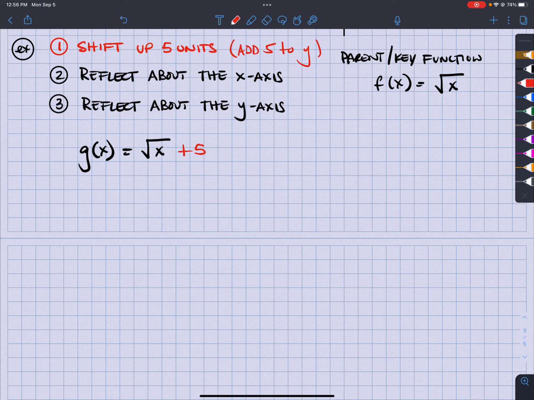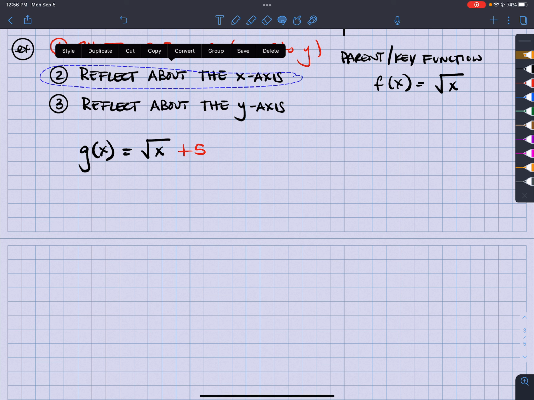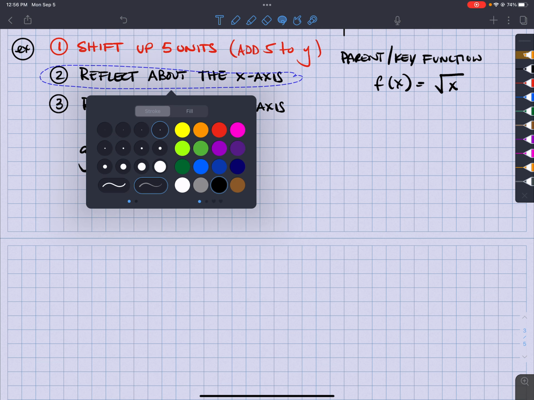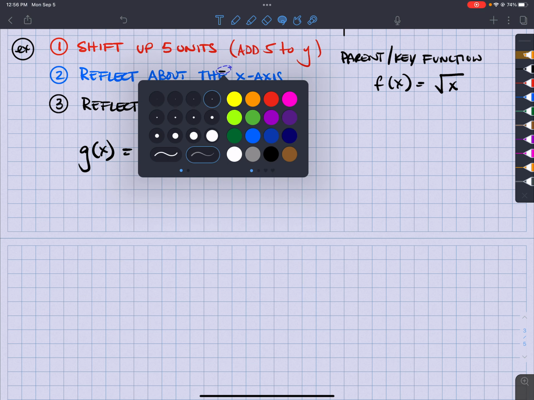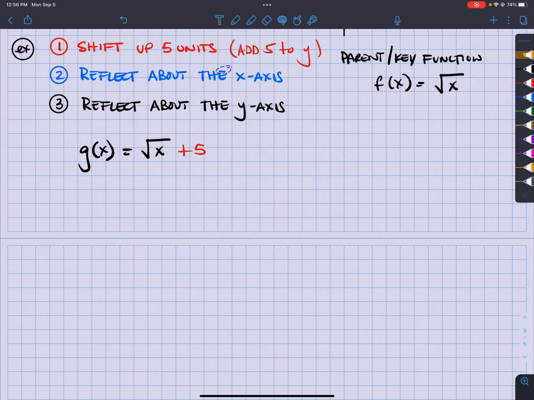Okay? Then it tells me to reflect about the x-axis. So if I reflect about the x-axis, what happens? If I flip over the x-axis, doesn't my y go from positive to negative or from negative to positive? It does.